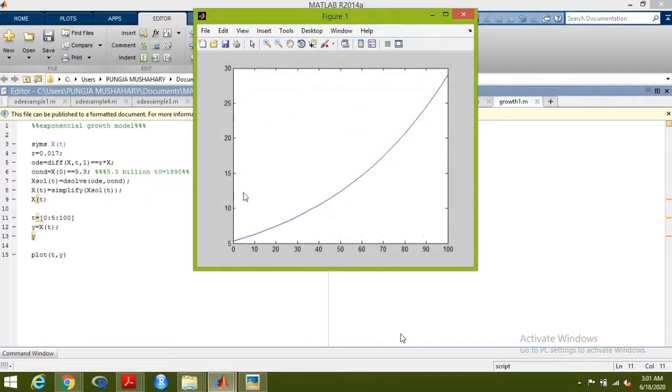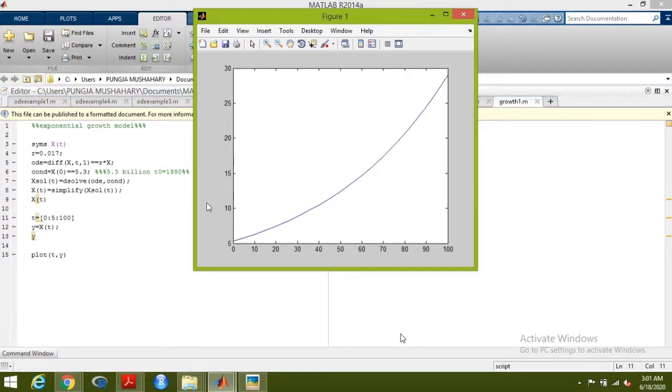So you see, from 1990, when you increase up to 10, that means 1990 plus 10, 2000, then definitely you will get the population here at 2000. You will get the population as 10 billion, 15 billion, 20 billion, and so on. It will keep on increasing. So this is the plot.